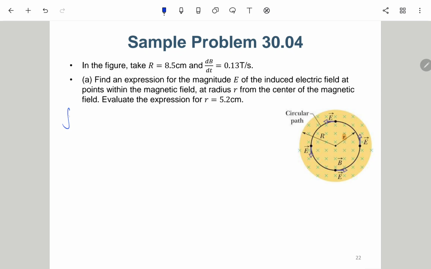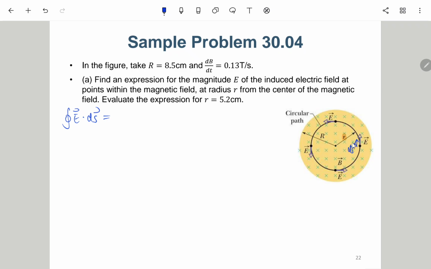Okay, so the integral of E dot ds is of course the left hand side of Faraday's law. Here we also assume that this is a circle with a center which is the same as the center of this region. In that case it will generate an E field parallel to ds.